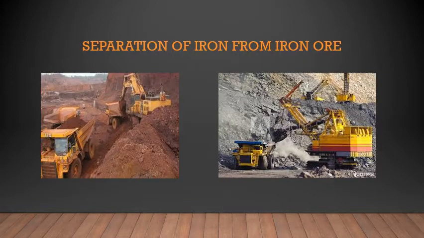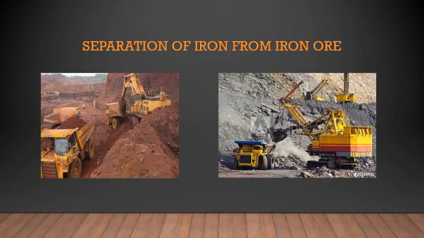Then comes the separation of the iron from iron ore. This iron ore is present in big huge mountains. They break down the mountains themselves to extract the iron from that mud. This mud is collected from the mountains and taken to the big huge factories where the iron is separated from the ore.